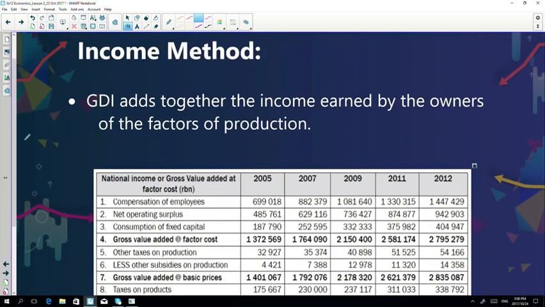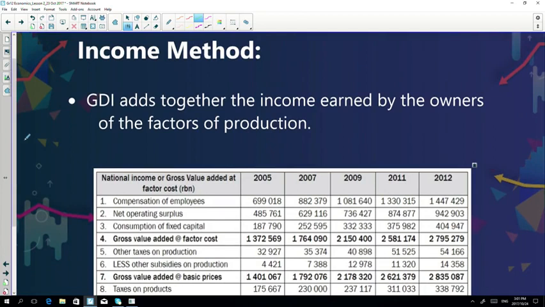And then we move on to the income method, where the gross domestic income adds together the income earned by the owners of the factors of production. Remember, looking at the circular flow, the households are the ones that supply the factors of production to the firms and to the producers as well.